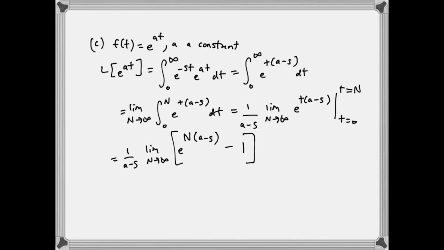If n goes to infinity, this is really e to the, if I pull out a negative, n times s minus a. So this goes to 0 as long as s is larger than a. So the negative and the negative make it become 1 over s minus a, as long as s is larger than a. And so this is what we have.